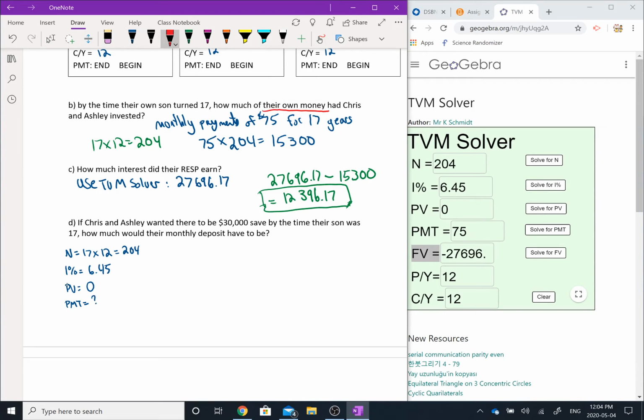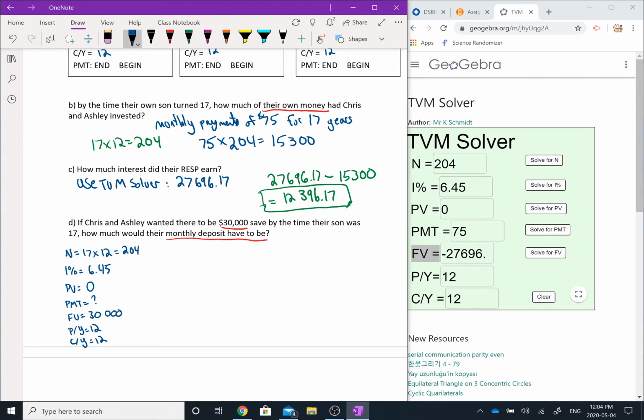They want to know how much would their monthly deposit have to be. Our FV, or future value, has to be 30,000 because that's how much they want to have in the future. Our P/Y is still 12, and our C/Y is still 12 as well.